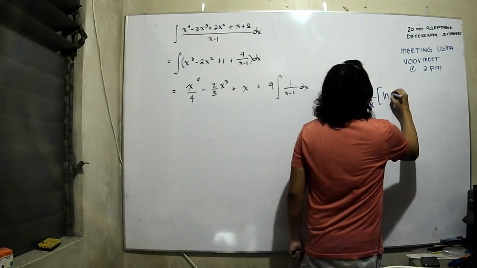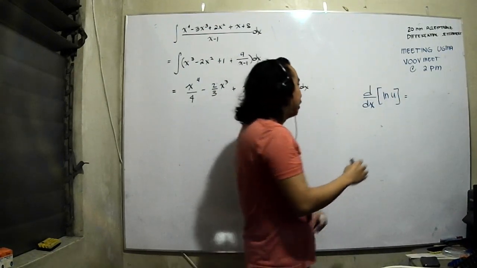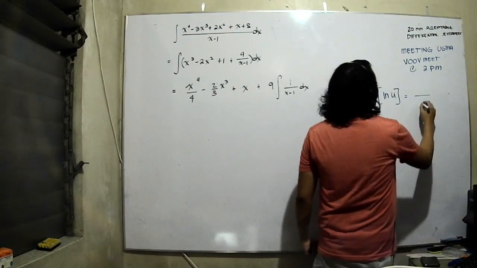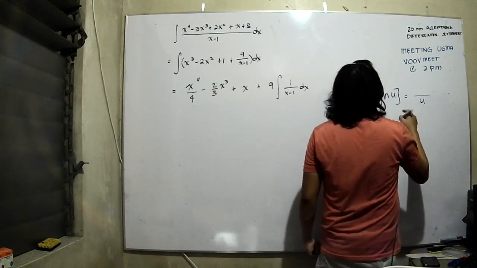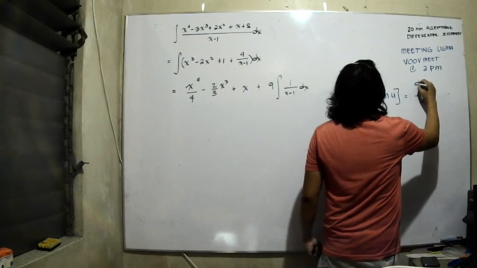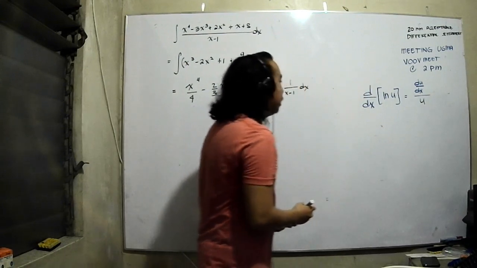Let's say ln u, and its derivative is 1 over u, du over dx.